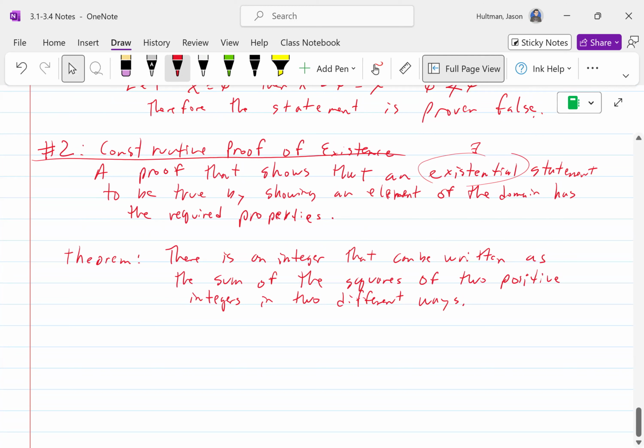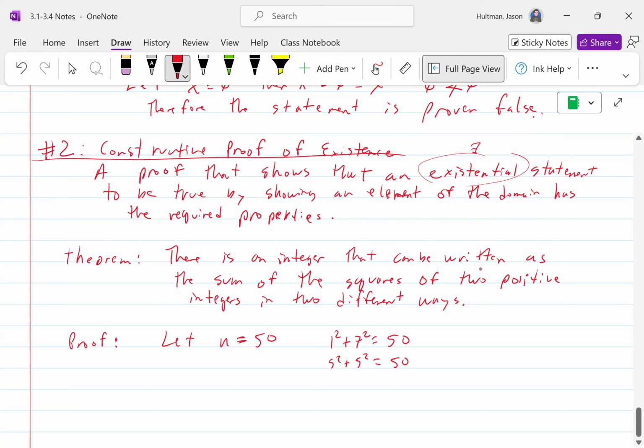Okay. So if we want to prove this true, then the proof is going to say, hey, let n equal 50. We could try all the numbers 1 to 49, they might not work. But if we try 50, I think we get the first value that actually works, because 50 is 1 squared plus 7 squared, which is 50, and 5 squared plus 5 squared, which is 25 plus 25, which is also 50.